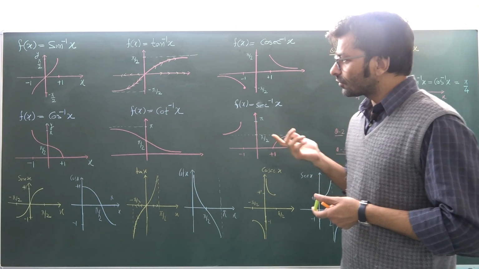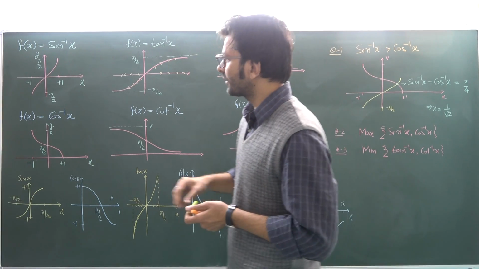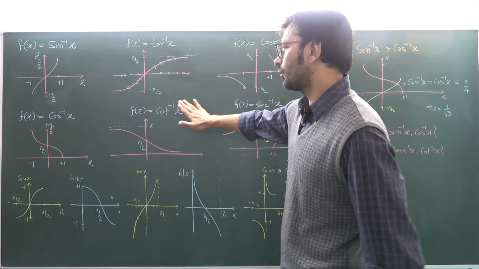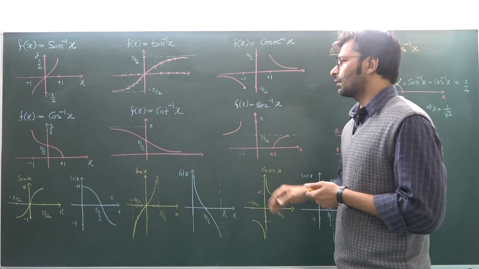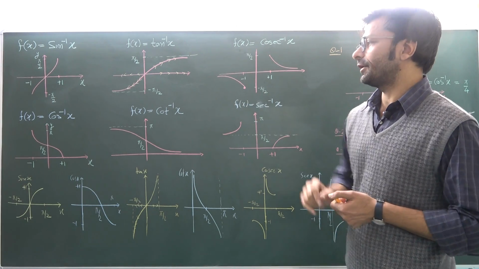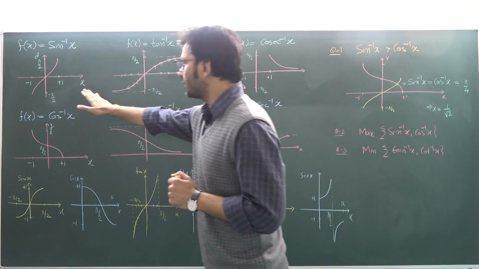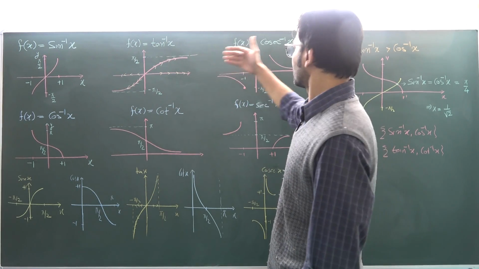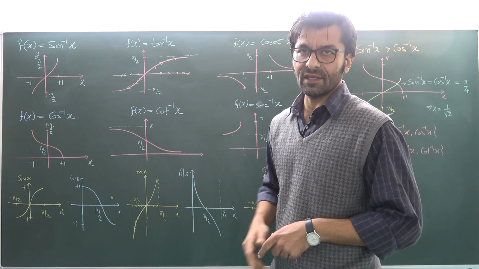Okay, so one thing to observe here is the domain of these two functions: minus 1 to 1. Domain of these two functions: real numbers. Domain of these two functions: 1 to infinity and minus infinity to minus 1. Range of these three functions, sine inverse, tan inverse, cosec inverse, is more or less the same.